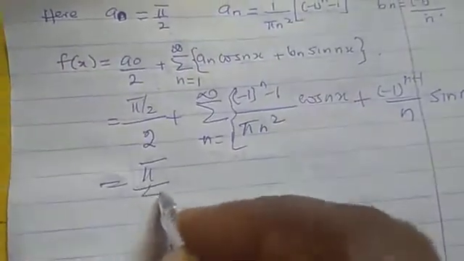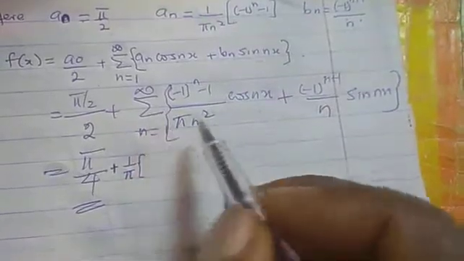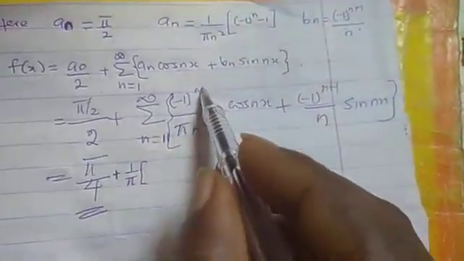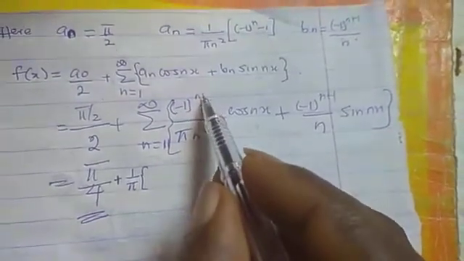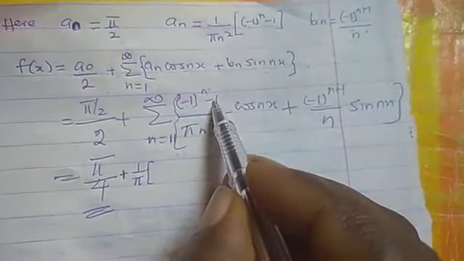But you can still simplify this one. This one should give you pi divided by 4. But you can decide to write them out in an expansion form, not in a closed form like this. So if you put n to be 1, minus 1 raised to power this is minus 1. Minus 1 minus 1 is minus 2.